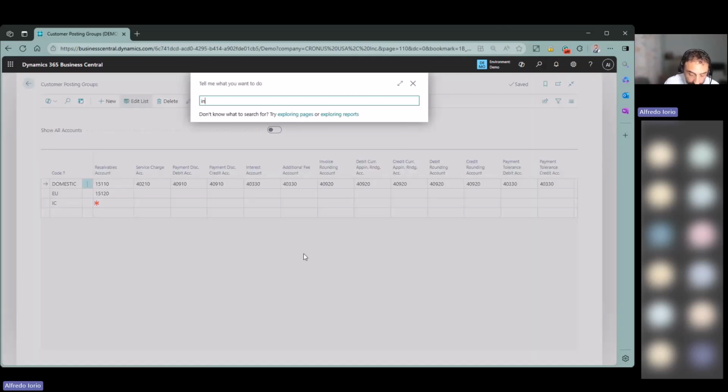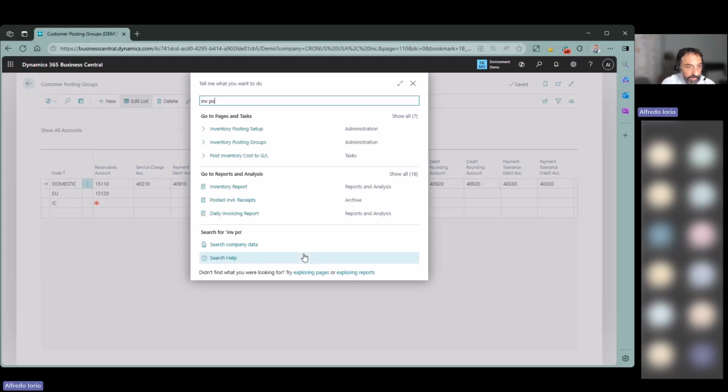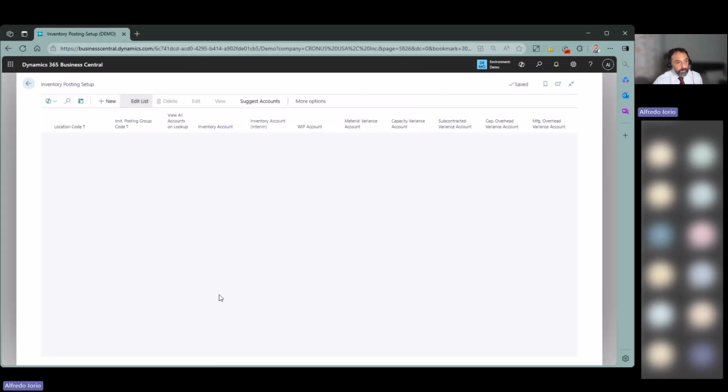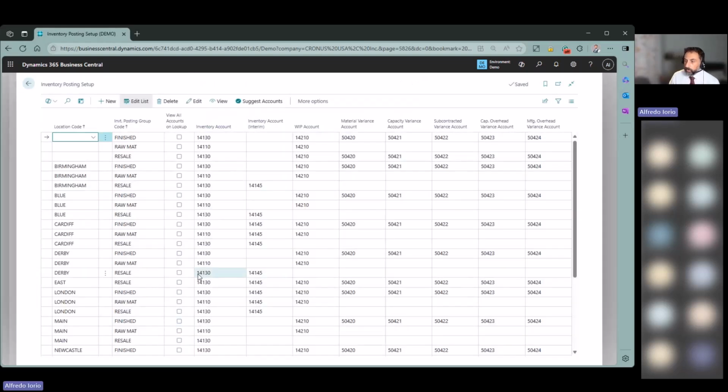Inventory posting setup works pretty much like what I showed you before, with the combination of location this time and inventory posting group code. Right, this is how Business Central is set up. Here you can see an example in my Chronos database.